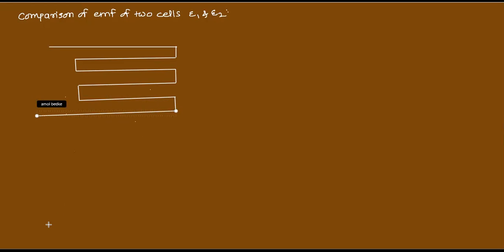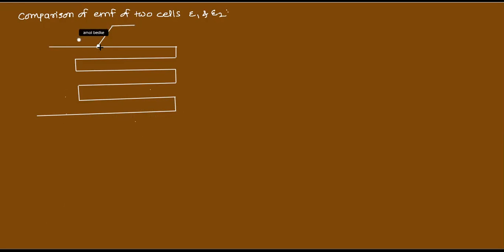Next, select one point on this line. From this point you have to connect cells, because you are going to connect two cells for comparison.